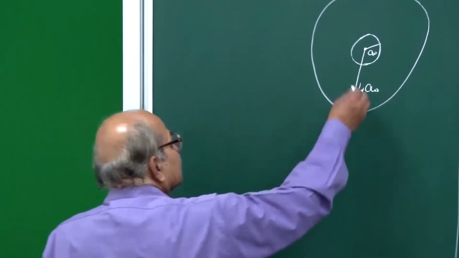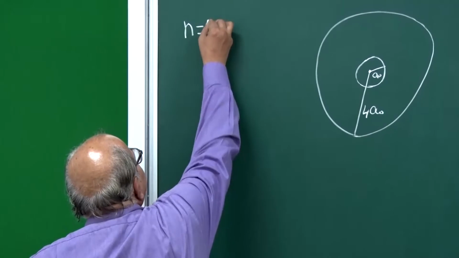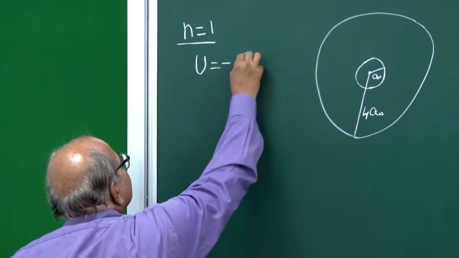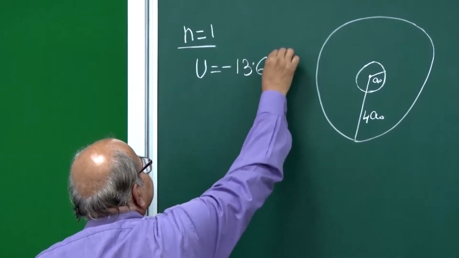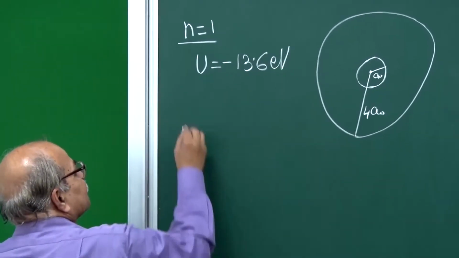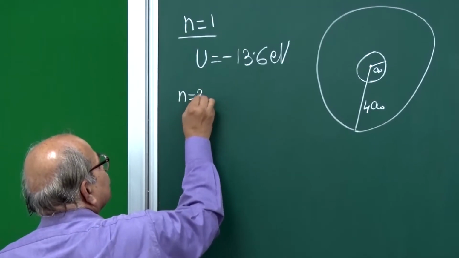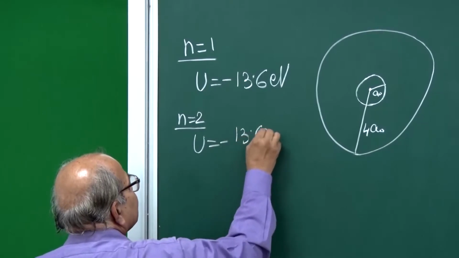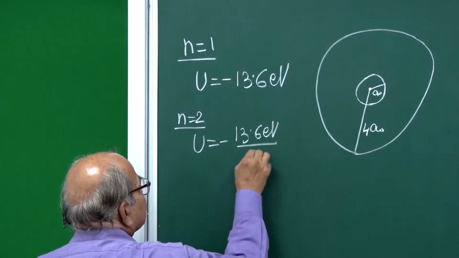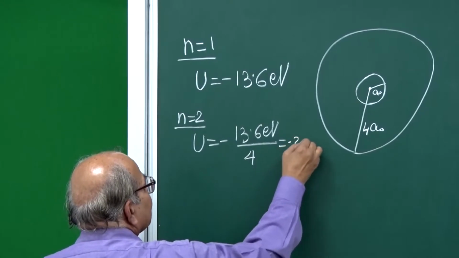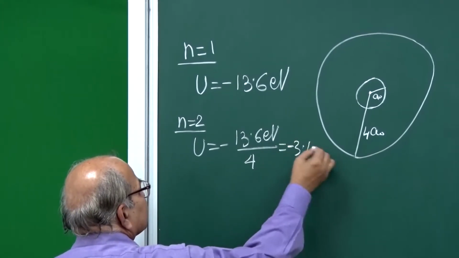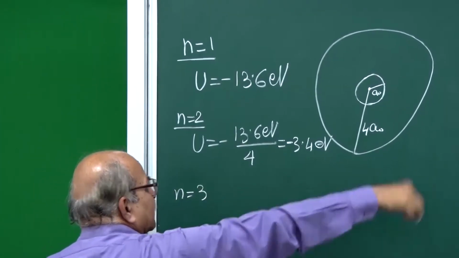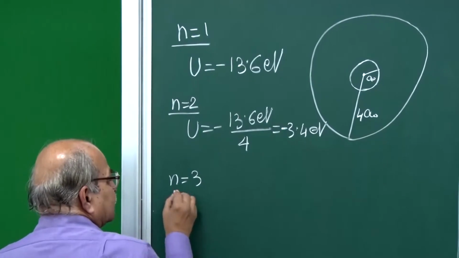And what are the energies? The energy of this n equal to 1 orbit is U equal to minus 13.6 eV. Then next, n is equal to 2. The energy is minus 13.6 eV divided by 4, that is minus 3.4 eV. Then n is equal to 3, that bigger one, radius 9 A0.